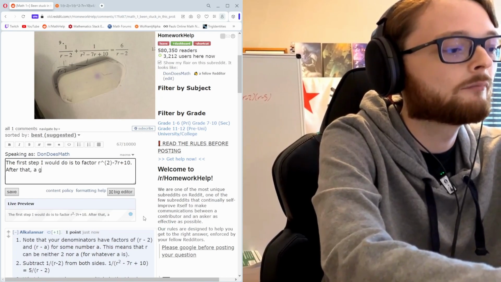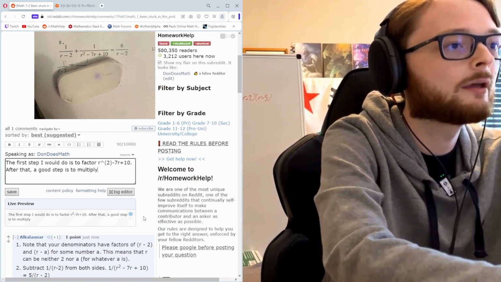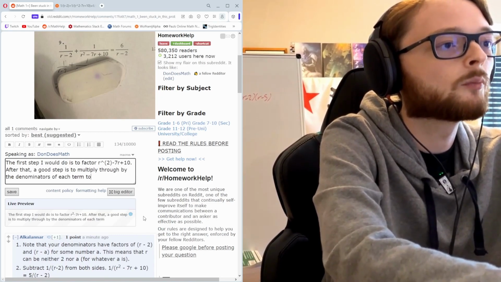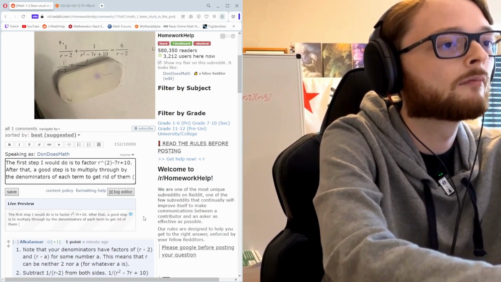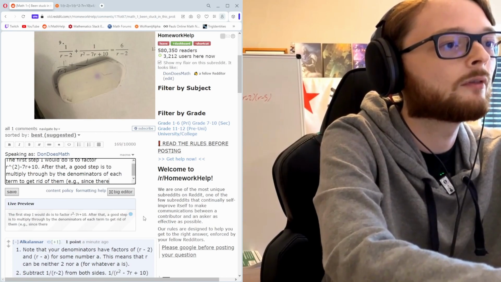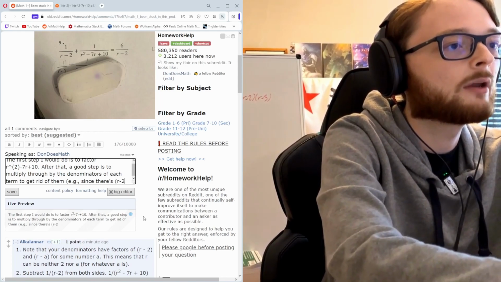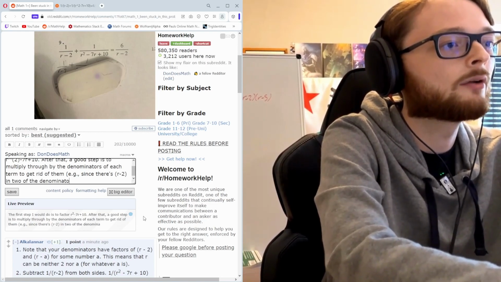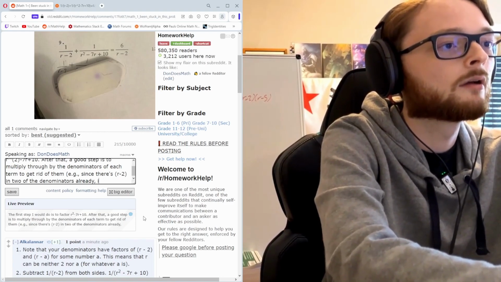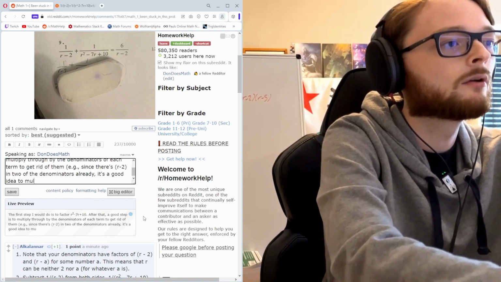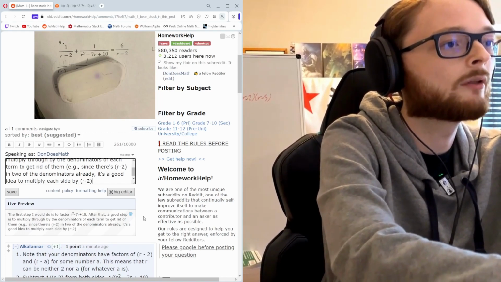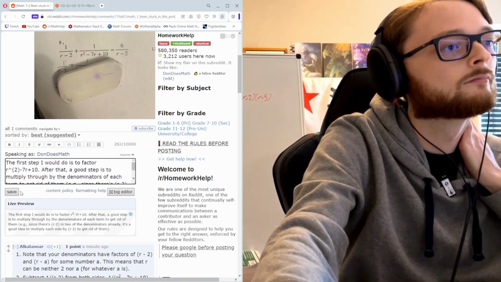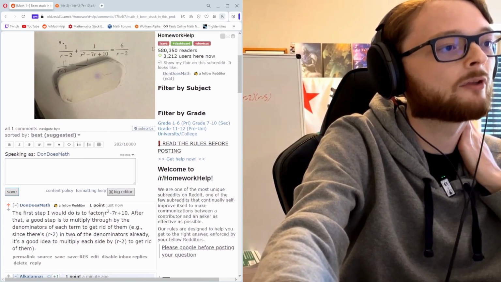After that, a good step is to multiply through by the denominators of each term to get rid of them. E.g., since there's r minus 2 in 2 of the denominators already, it's a good idea to multiply each side by r minus 2 to get rid of them. Okay, that's what I would tell this person to focus on first.